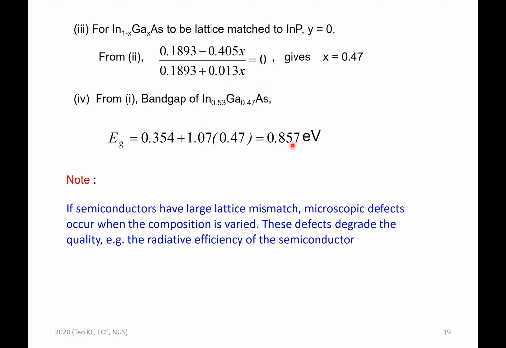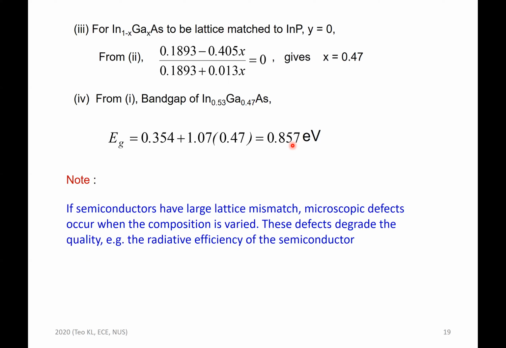So again, if a semiconductor has a very large lattice mismatch, that means when you grow a semiconductor alloy, the lattice constant of the alloy is either smaller or bigger than the lattice constant of the substrate, and the strain cannot accommodate the mismatch, then you would introduce defects.